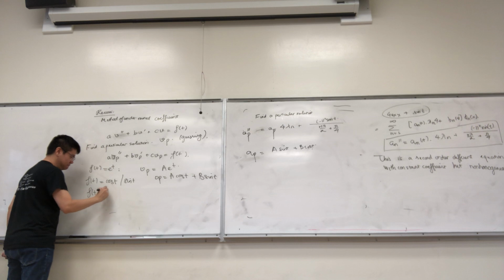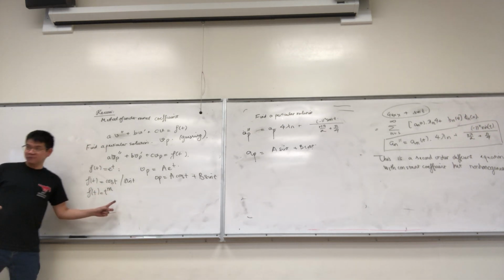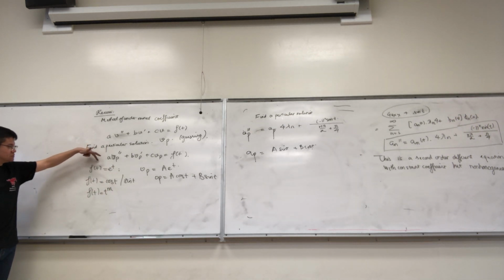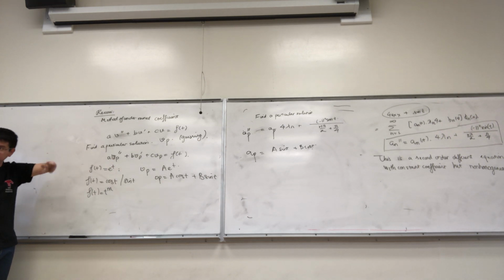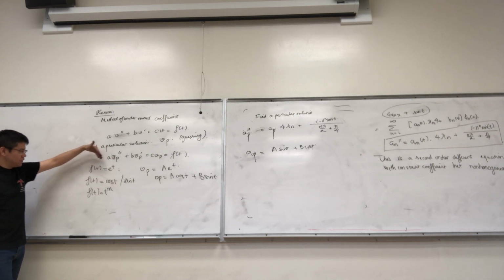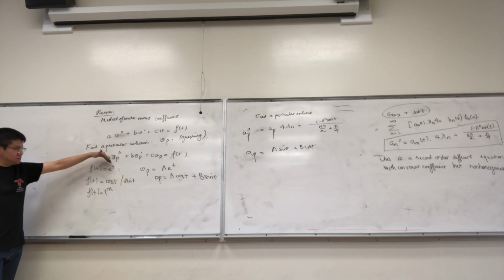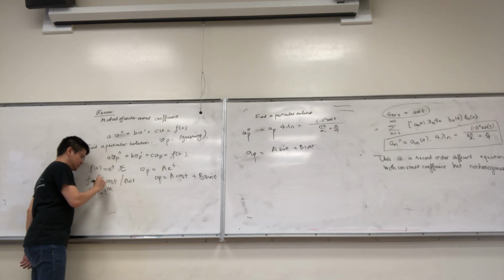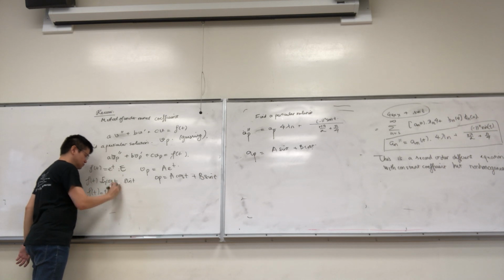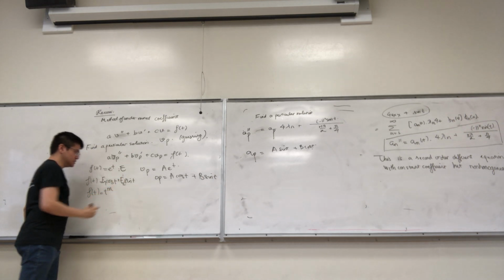When f(t) is t to the m, right? So this is in the book of Haberman. You will see that there are 9 cases, but the 3 most important cases are when f(t) is e to the t times some constant, and when you have c1 cosine t plus c2 sine t.